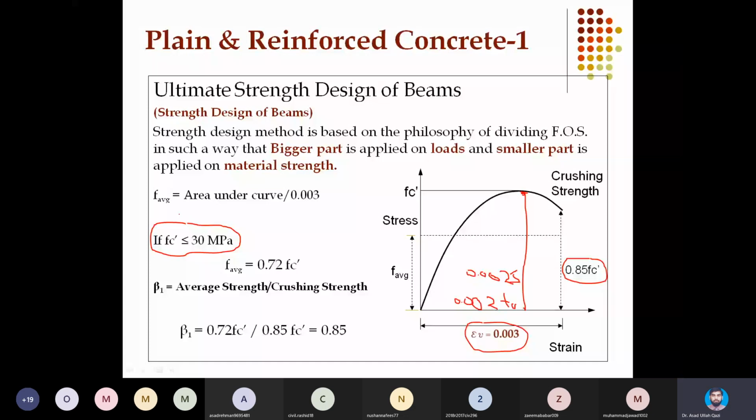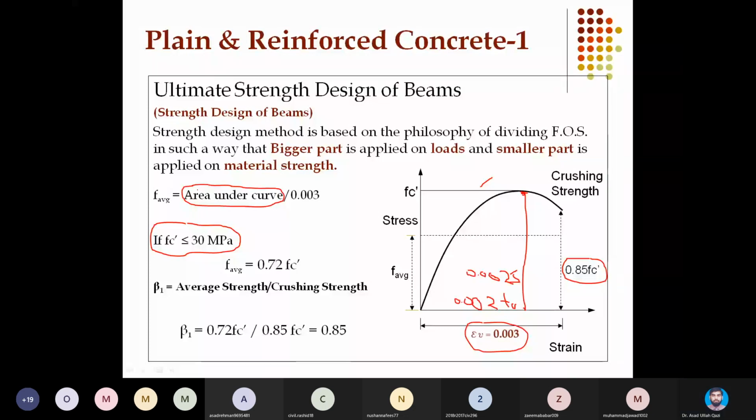So for concrete up to 30 megapascal, if this is the stress strain curve, you can calculate the area under this curve exactly by doing integration. Or if you have this experimental curve, you can use a planimeter, or on a graph paper, if you count the boxes under the curve, you can get the area.